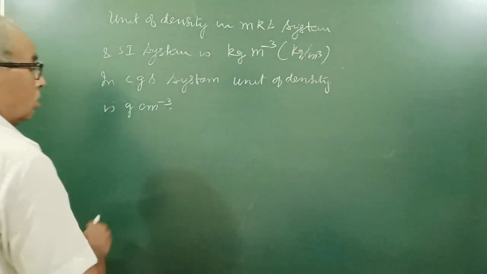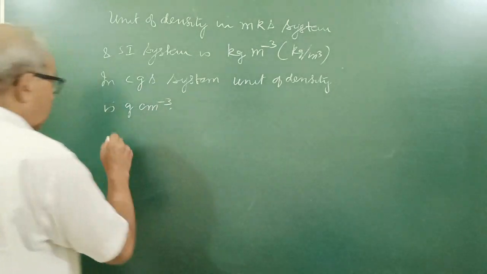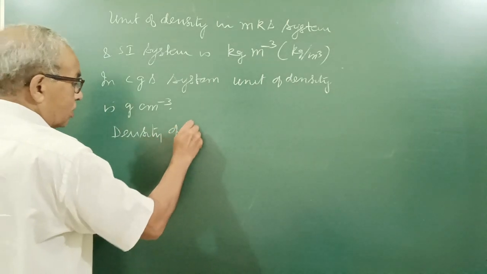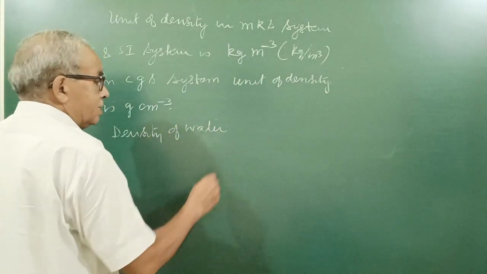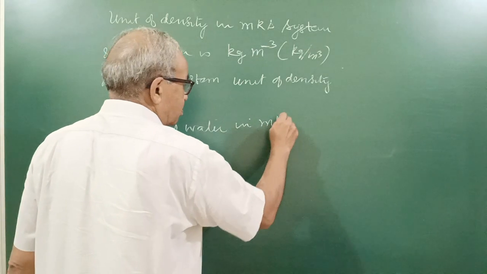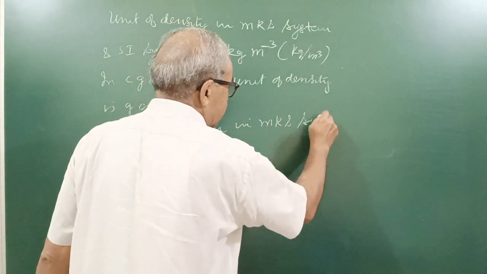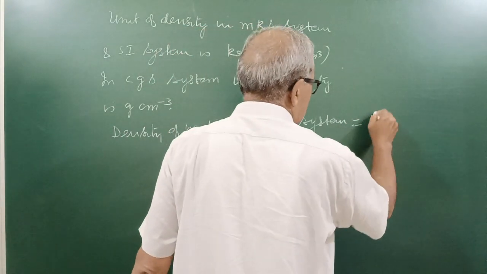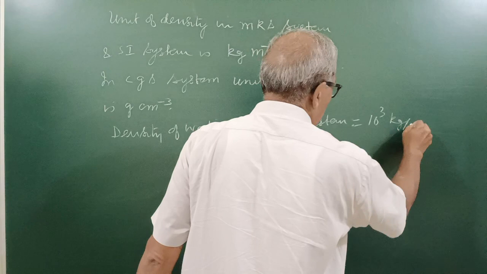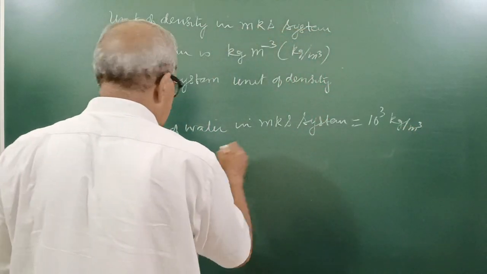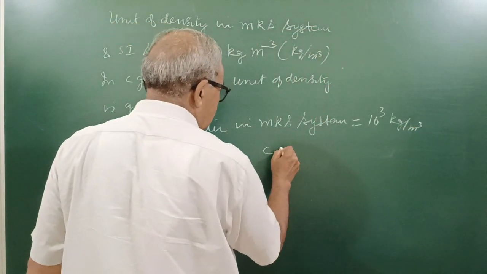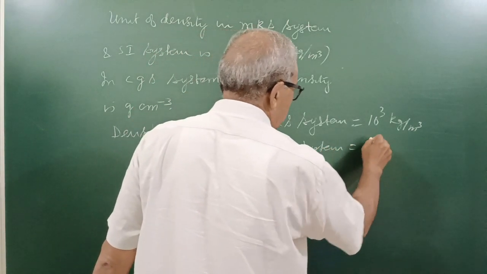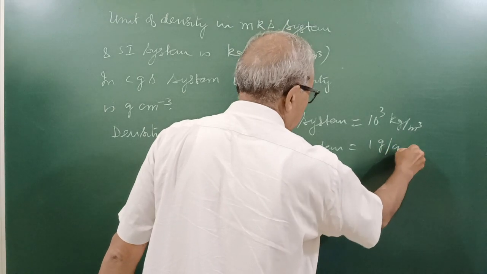And so, for example, density of water in MKS system is equal to 1000 kg per meter cube, and in CGS system it is 1 gram per centimeter cube.